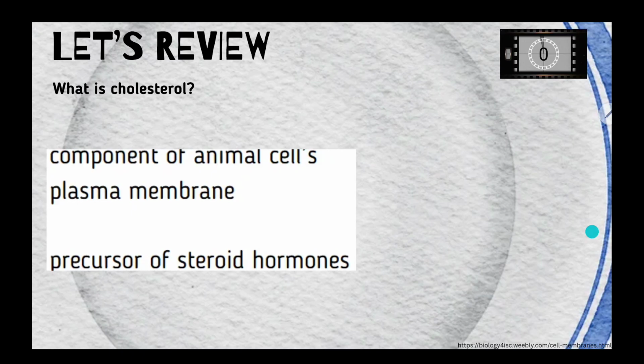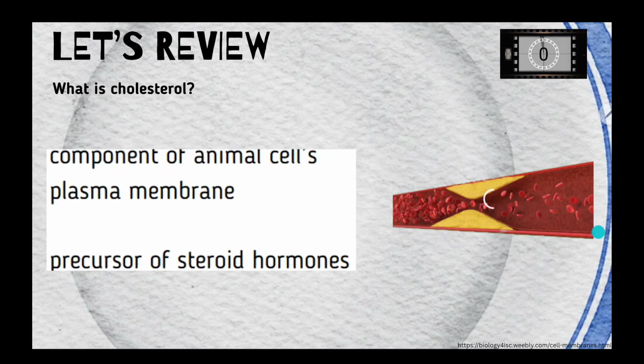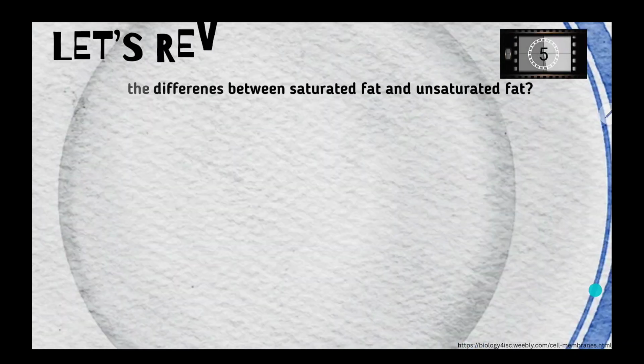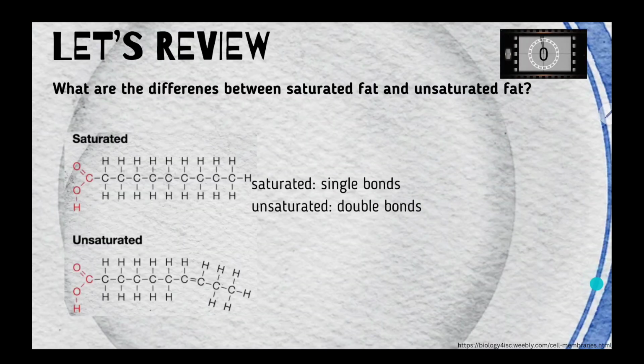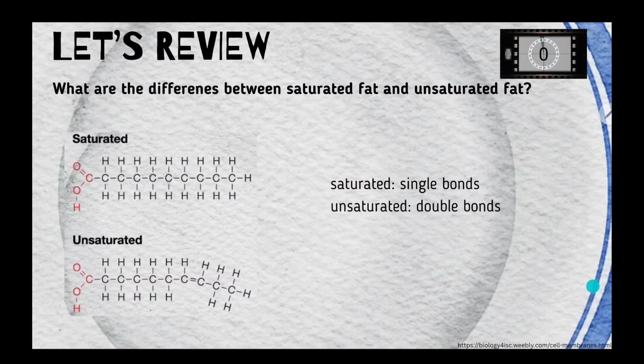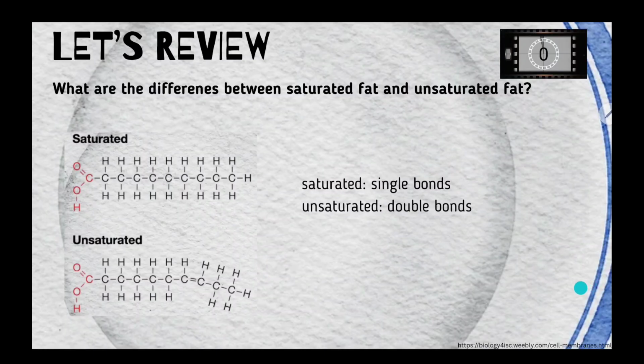It is a component of animal cells' plasma membrane and a precursor of steroid hormones. What are the differences between saturated fat and unsaturated fat? Saturated is single bonds and unsaturated is double bonds. Also, saturated is solid while unsaturated is liquid.